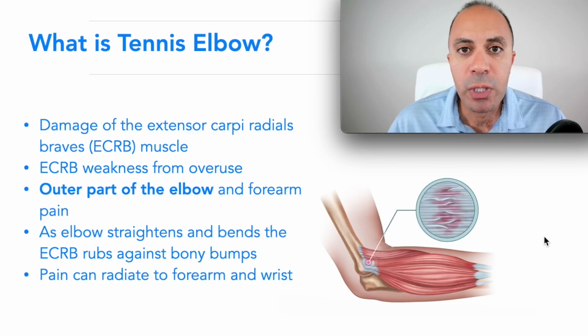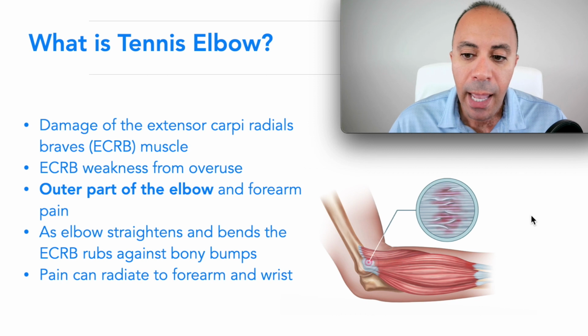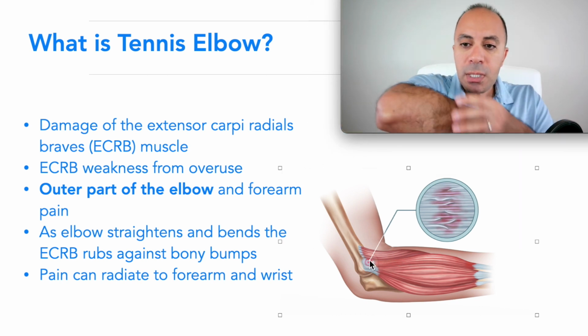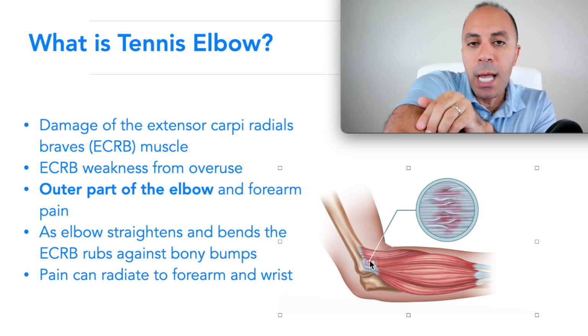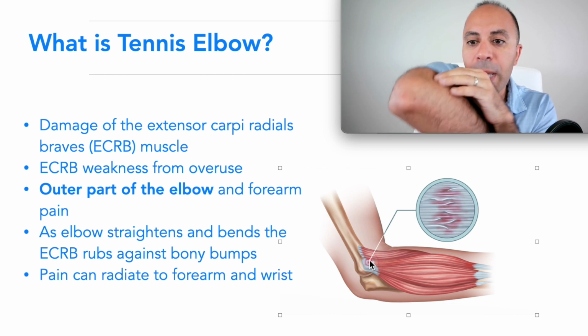So one of the most common causes for elbow pain is tennis elbow or lateral epicondylitis. And usually you can see it here on this image. It's the outer side of your elbow. This is the usual location for lateral epicondylitis, or tennis elbow pain, right here.